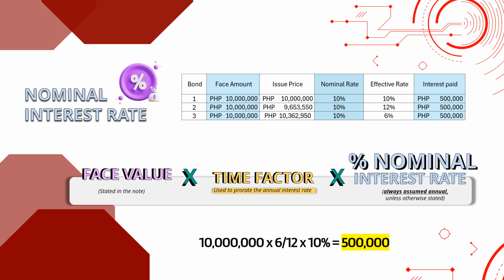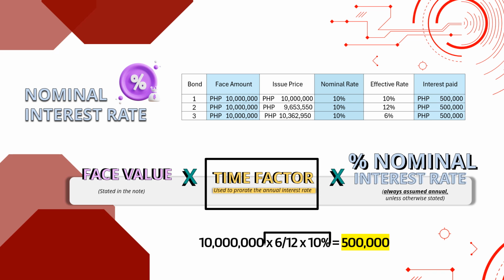So, basically, for all three bonds, I will pay 500,000 because what I do is face value times the stated interest rate of 10% times the time factor. In this case, dahil semi-annual, it's 6 over 12. So, that's technically 5% times 10 million is equal to 500,000.